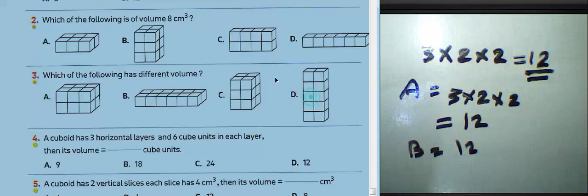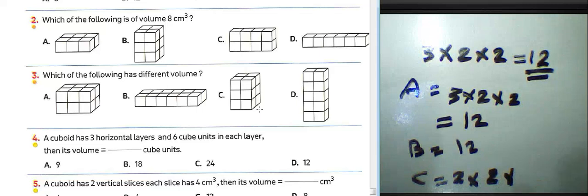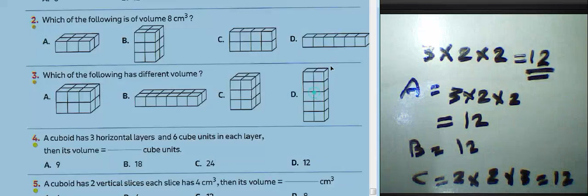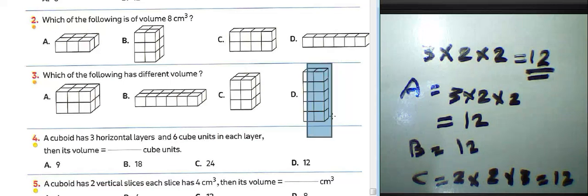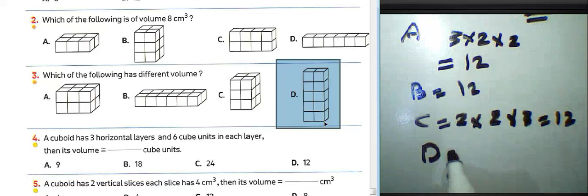Letter C, count with me. 1, 2, the length 2 and width 2 and the height 1, 2, 3. It will be 12, so it will be true. A equals B equals C, so the different one will be C. Count with me here about letter C. Length here will be 2 and width 1 and the height 1, 2, 3, 4, 5.